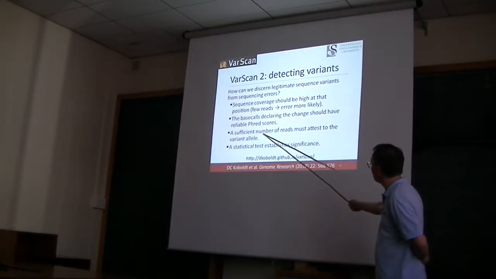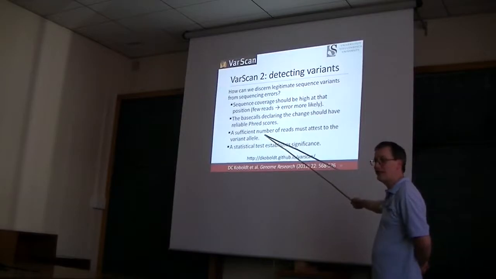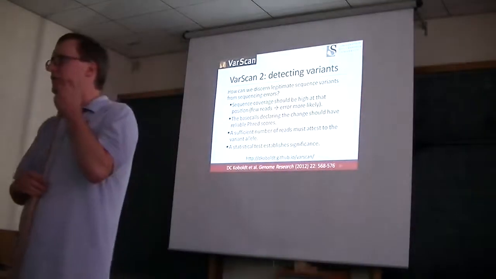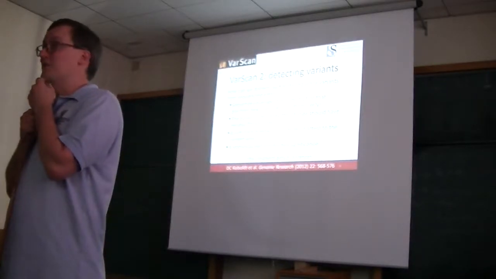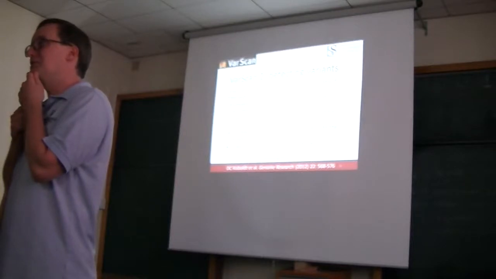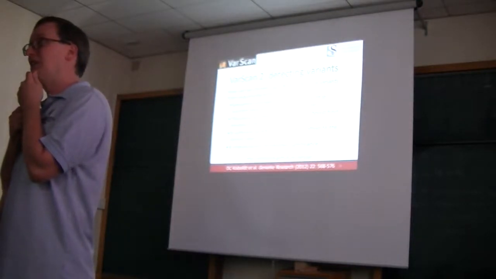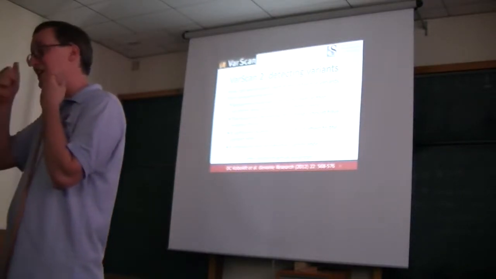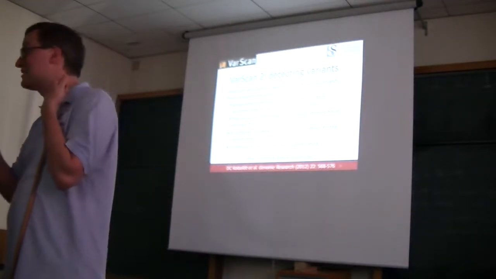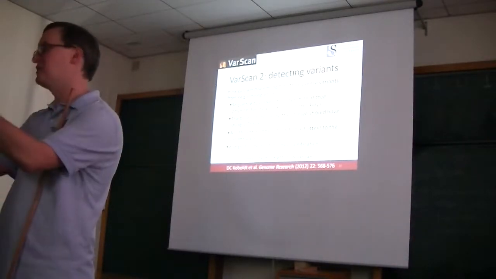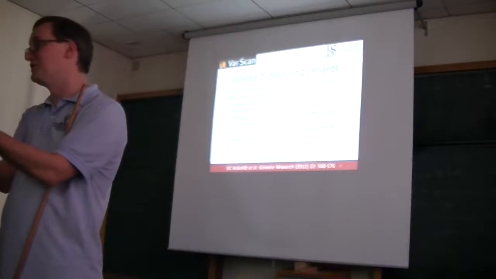A sufficient number of reads must attest to the variant allele. I would note that we generally have 2 copies of each gene. So if you're sequencing a person, you have a mix of both maternal and paternal chromosomes for a certain location, so you may have a 50-50 mix, since you've got 2 copies of each gene.